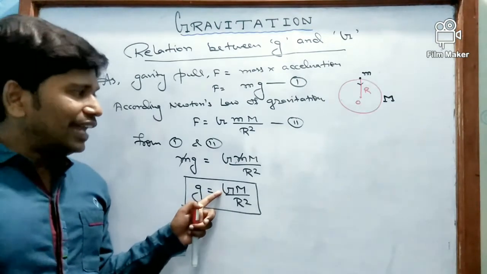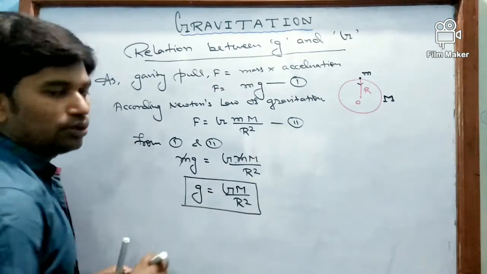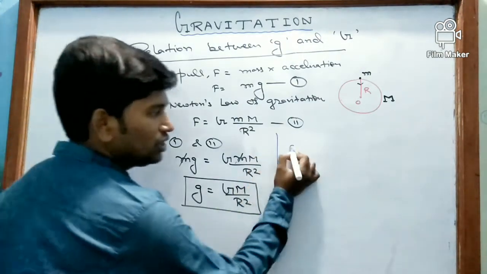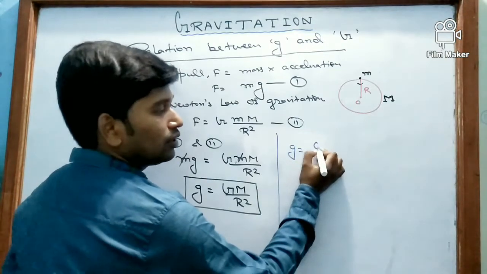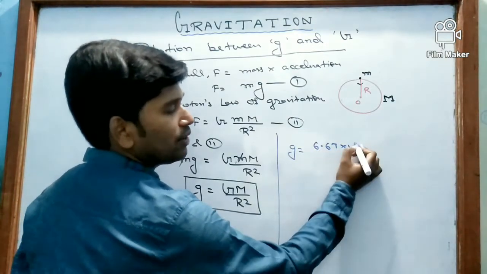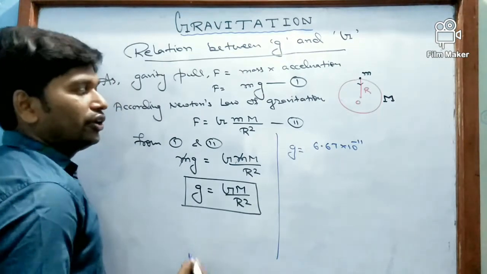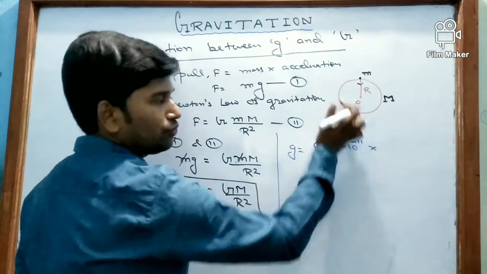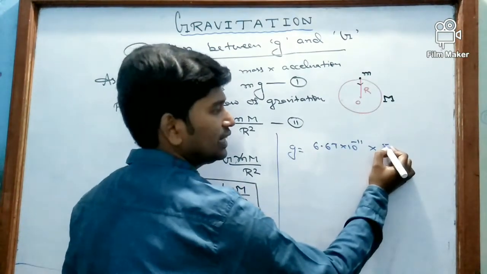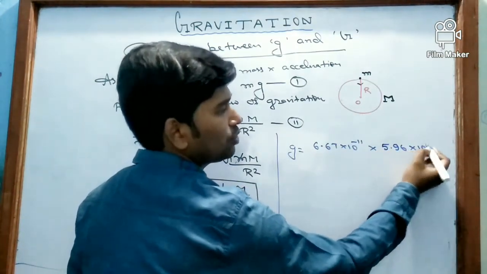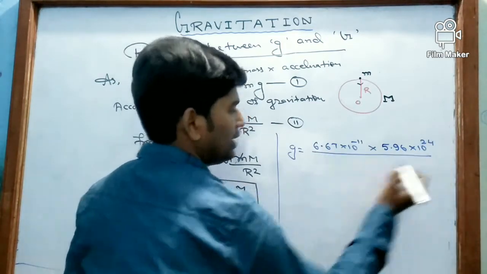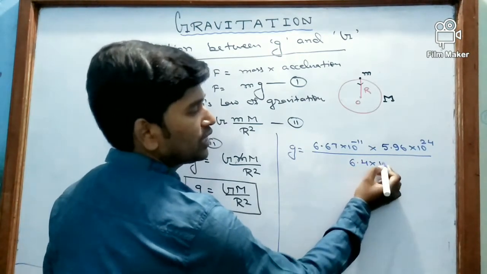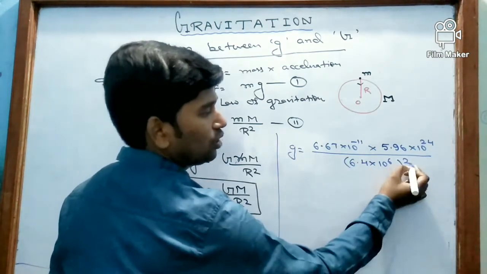Now let us substitute the values in this relation. We know G is equal to 6.67 into 10 to the power minus 11, and the mass of Earth is 5.96 into 10 to the power 24 kg, divided by the radius of the Earth, that is 6.4 into 10 to the power 6 meter, whole square.